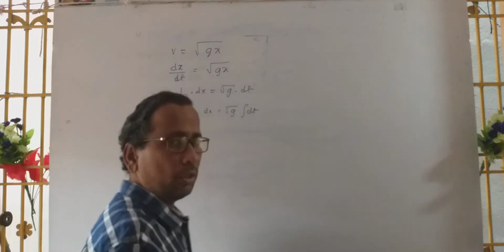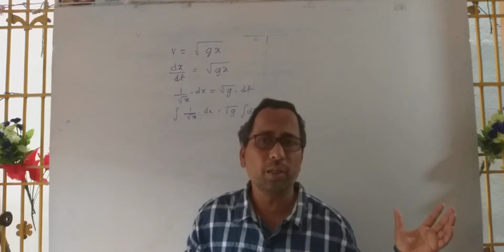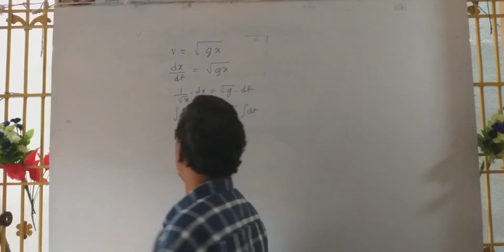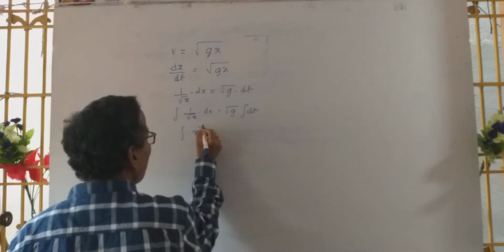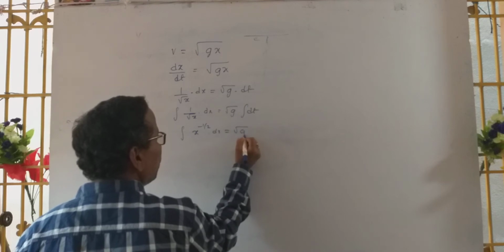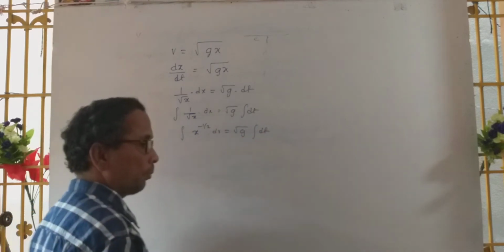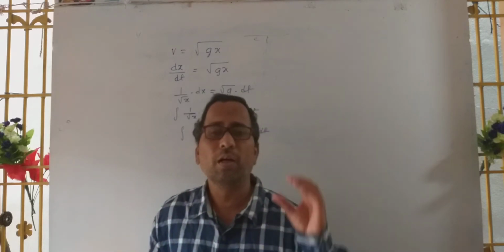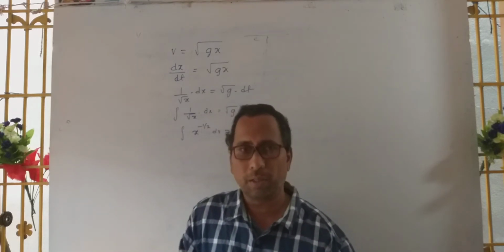G is a constant, so it will be separated from the integration. Then here 1 by root x can be written as x power of minus 1 by 2 dx. We know the formula for integral x power of n.